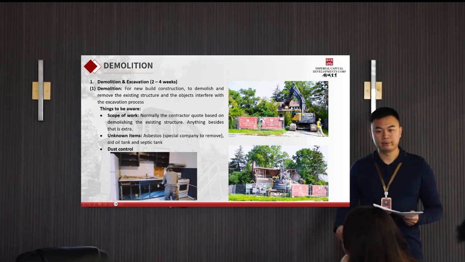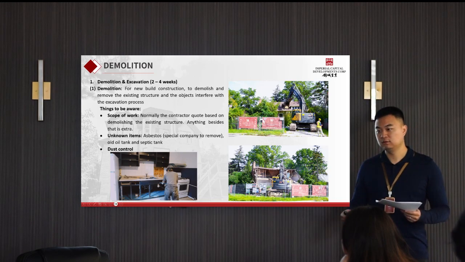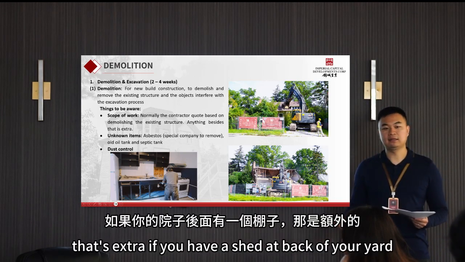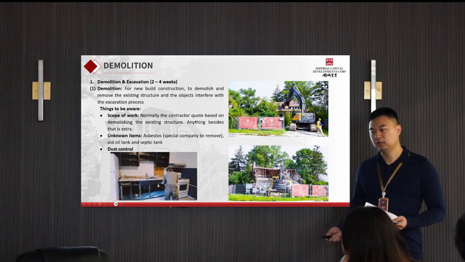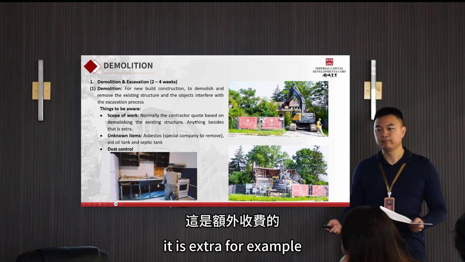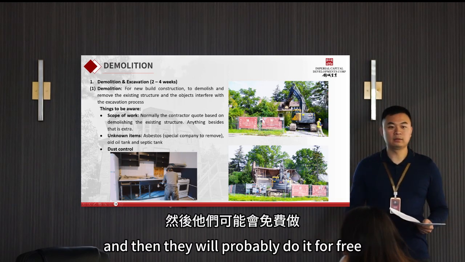For example, you have some trees around your house. In order to take these trees out, that's extra. If you have a shed at the back of your yard and you want them to take it out, that is an extra. If you have maybe 1 or 2 trees, it's not a lot of work, and they will probably do it for free.